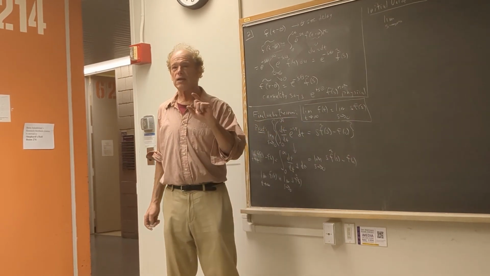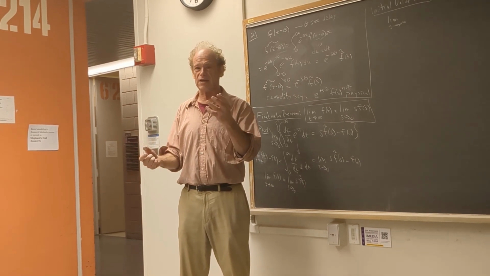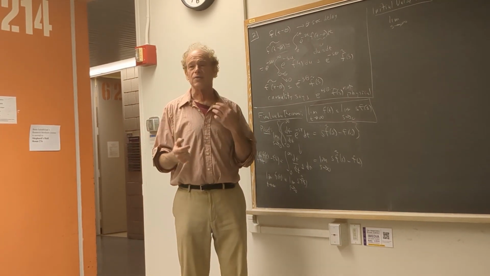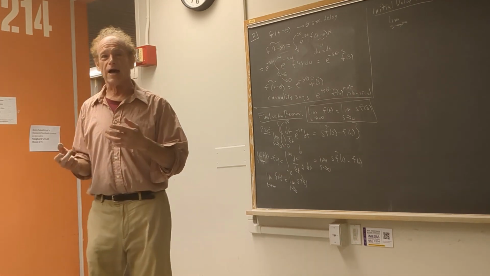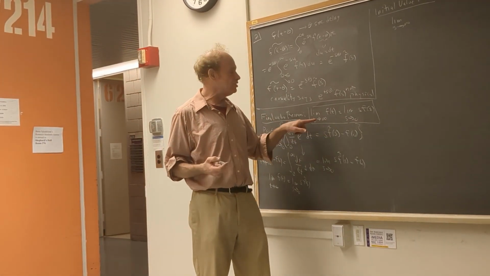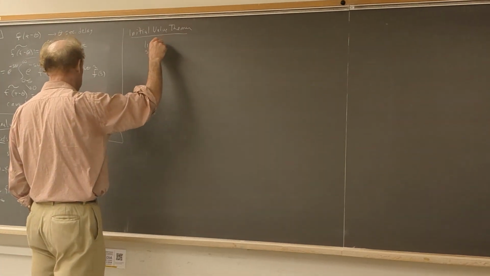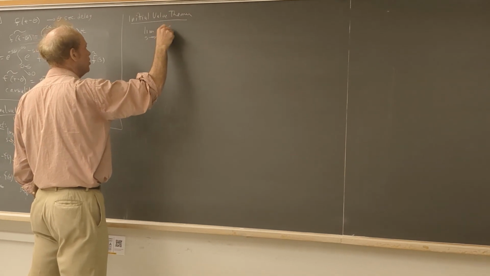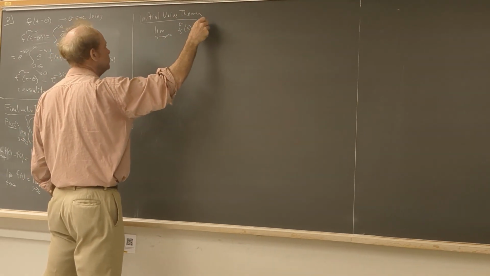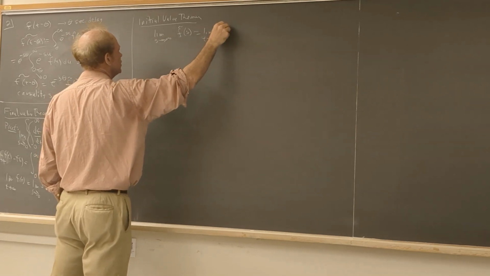The duality is that f tilde of s and f of t were somehow dual, that is, partners, opposites. Well then, maybe if I take s goes to infinity, that should tell me something about t goes to 0. And in fact, that's true. The limit as s goes to infinity of f tilde of s is equal to the limit as t goes to 0 of f of t.